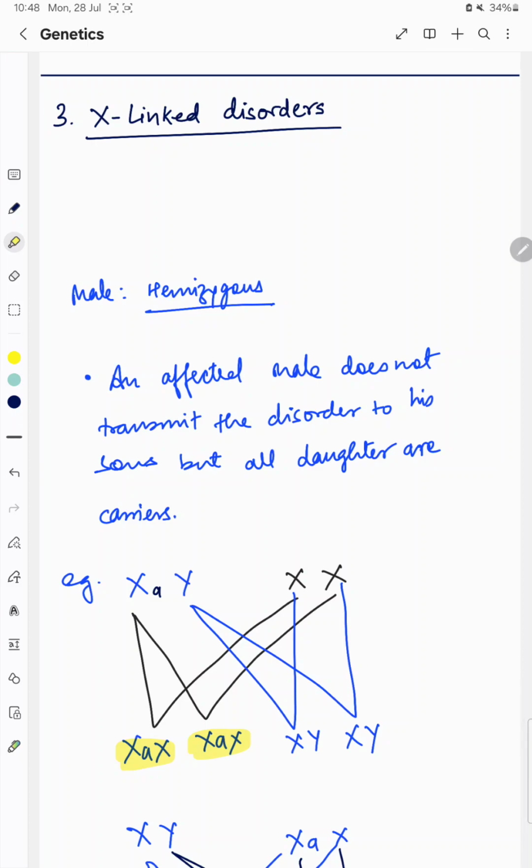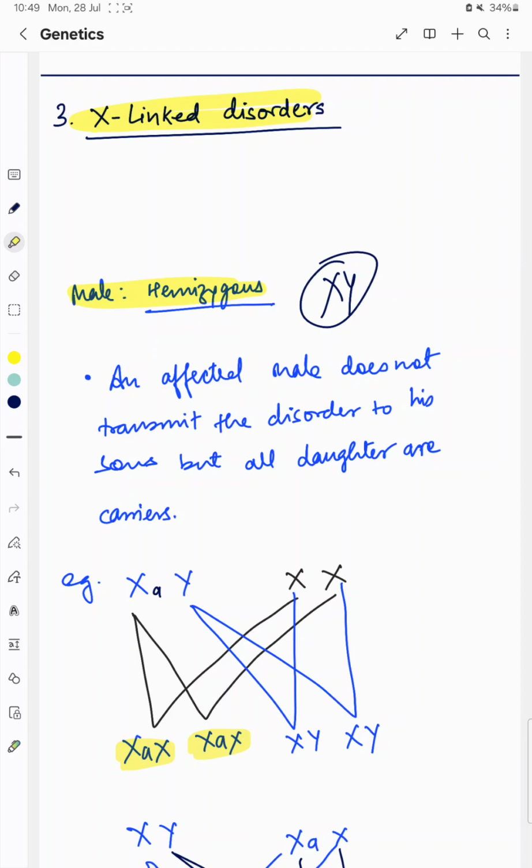Now we will discuss X-linked disorders. The male has the genotype XY, having only one X chromosome, so the male is hemizygous in X-linked disorders.